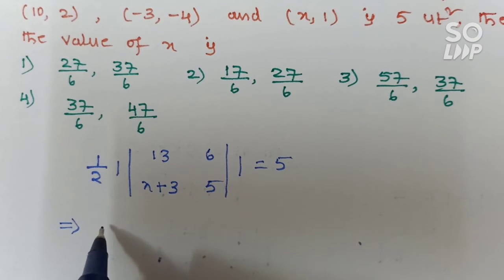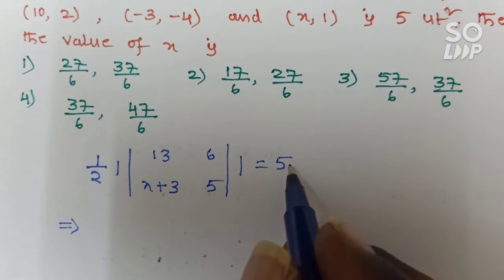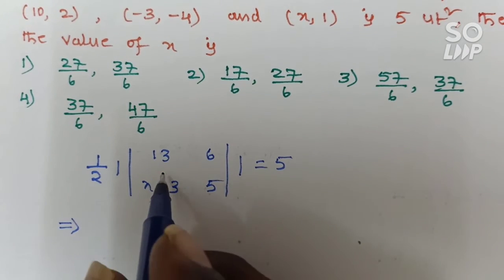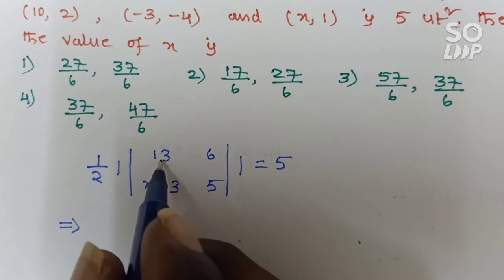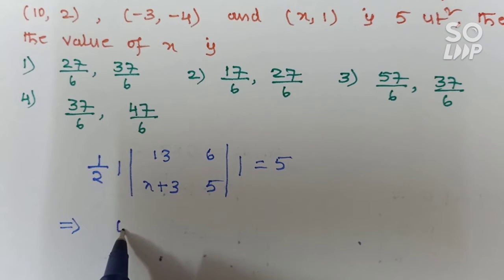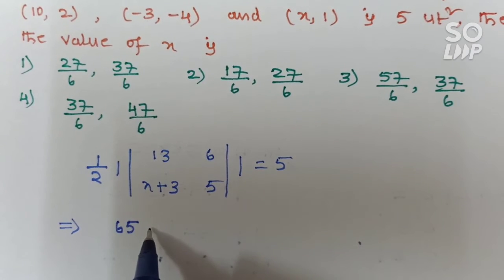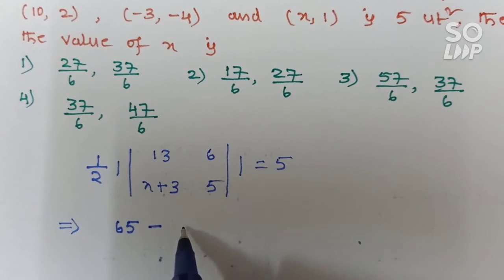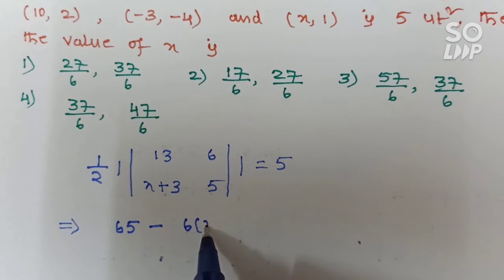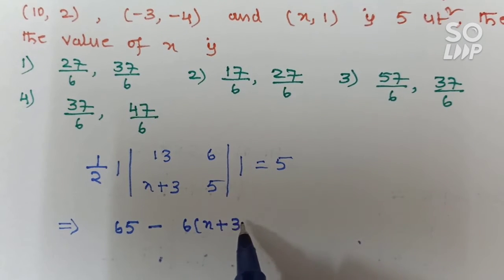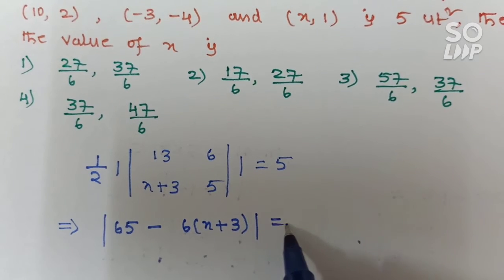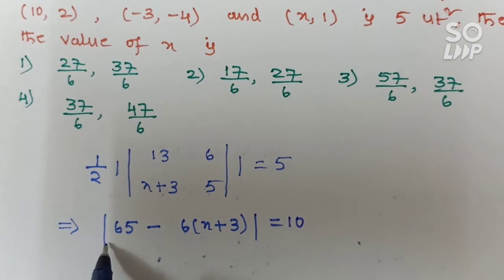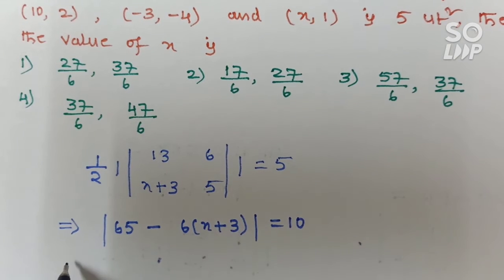So 1 by 2, cross multiplying, 5 into 2 is 10. What is the expansion of this value? AD minus BC: 13 fives are 65, so 65 minus B into C, that is 6 into (x plus 3). This modulus is equal to 10. Now instead of the modulus you can write plus or minus.